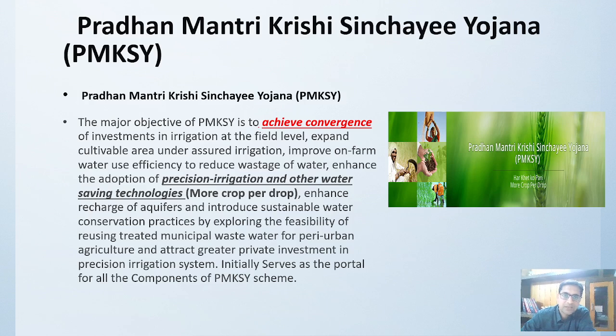The main focus area of this scheme was convergence: convergence of various other irrigation schemes into a single scheme. The aim is to provide a good amount of assured irrigation, improve on-farm water use efficiency to reduce water wastage, and ensure proper adoption of precision irrigation.